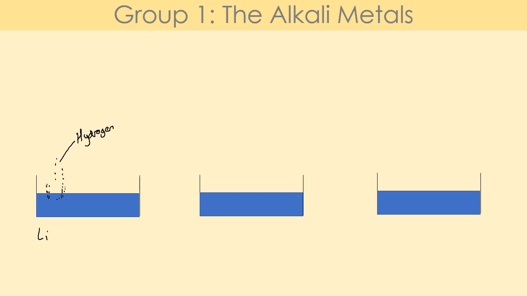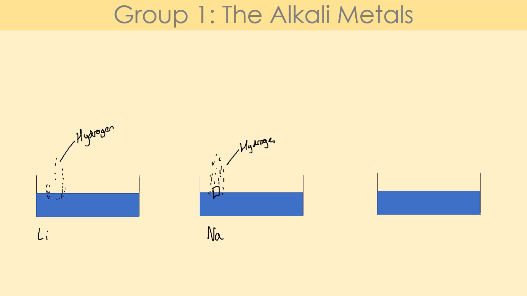Our next one is sodium, so we'll write Na for sodium. If I drop some sodium in, again, it's going to effervesce. So we're going to get our hydrogen gas. It's going to fizz a lot quicker than the lithium one.